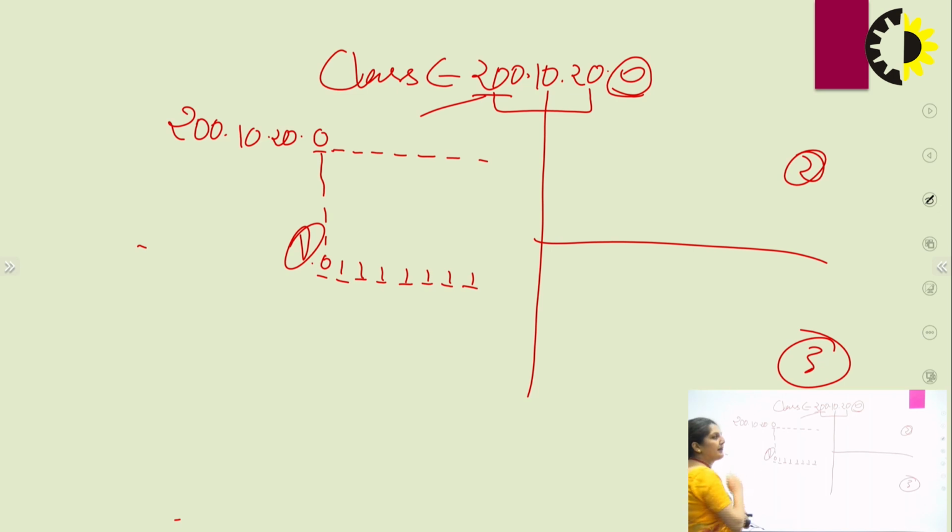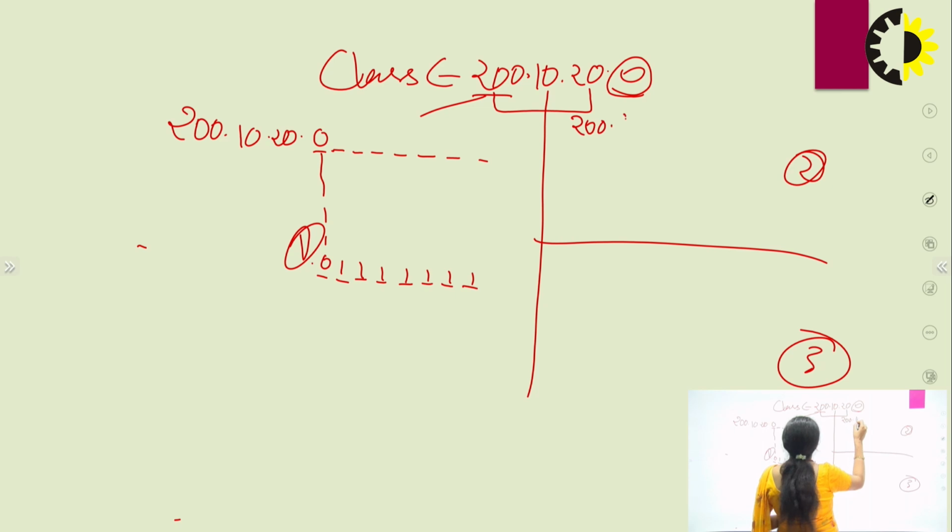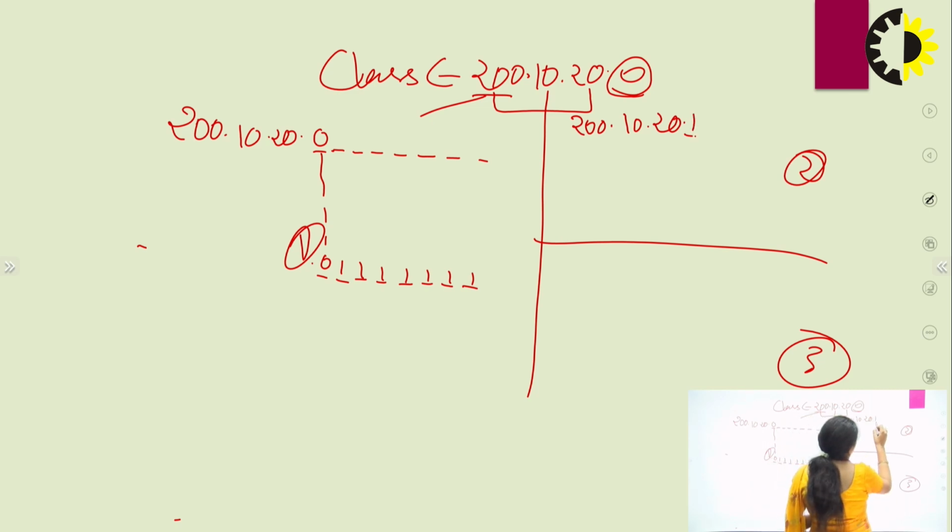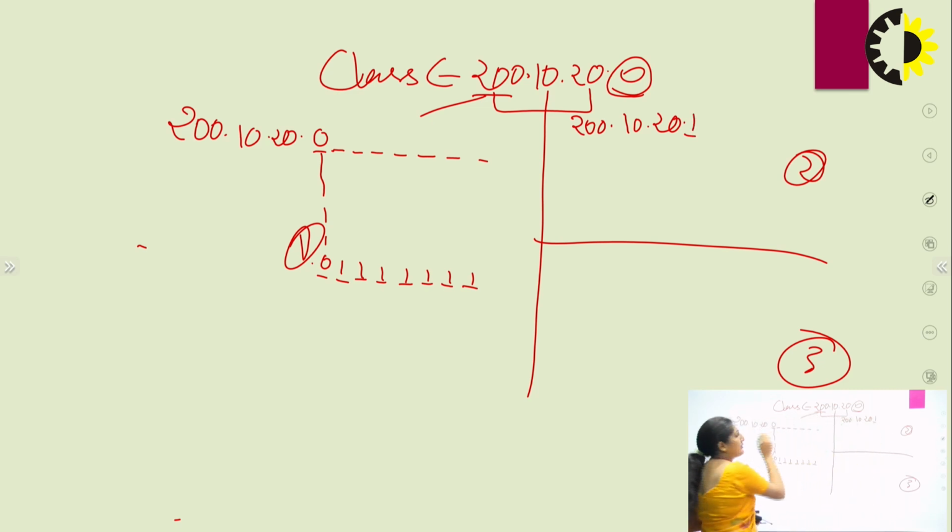Another subnet will be 200.10.20.1, where the first bit is fixed.